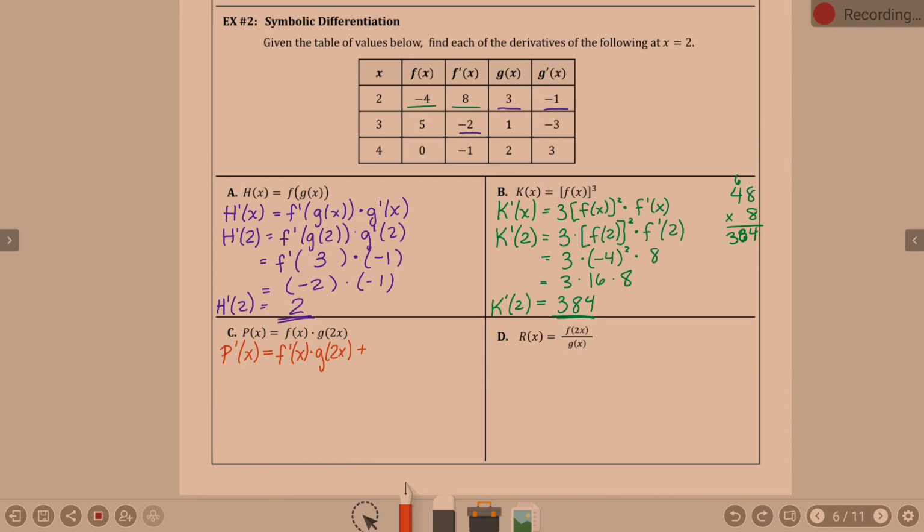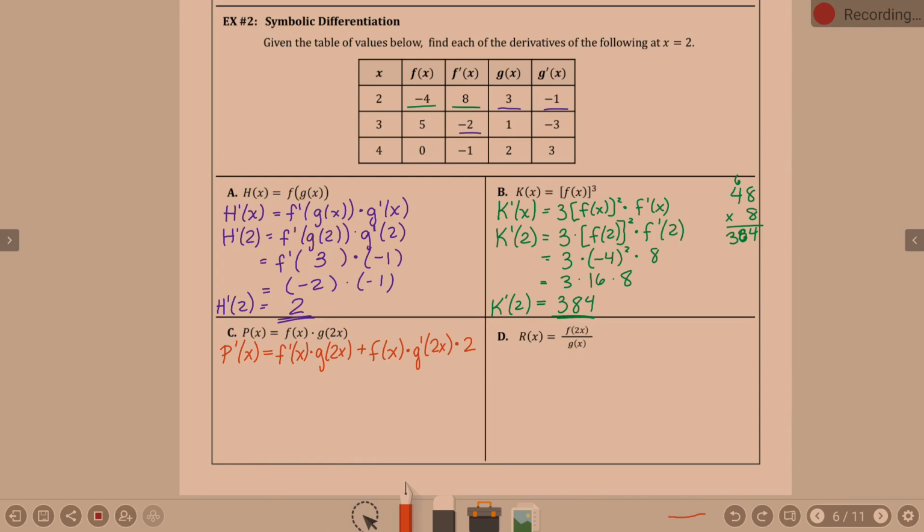Then this next time it's derivative of the other, keep the other. So I'm going to keep f of x and then times the derivative, so g prime of 2x. And then what? We're multiplying by 2 because the derivative of g of something is g prime of something times the derivative of something. The derivative of 2x is 2.